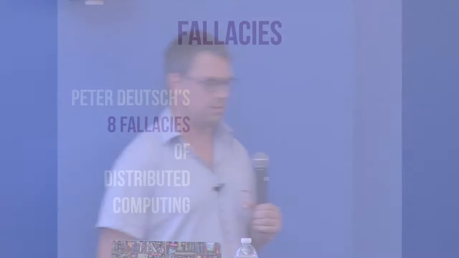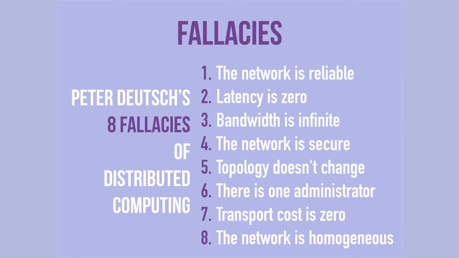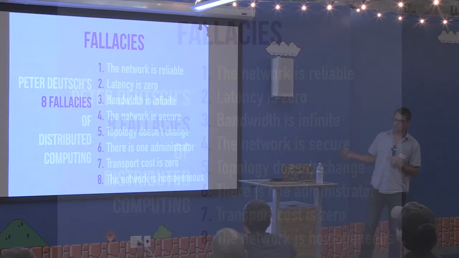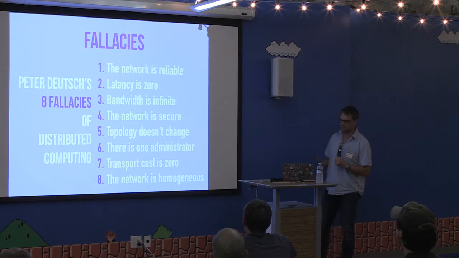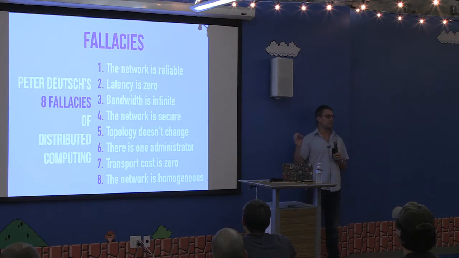And most, I guess, have probably heard about the eight fallacies of distributed computing by Peter Deutsch. The network is reliable is the first fallacy. There's no such thing. Latency is 0, bandwidth is infinite, the network is secure, topology doesn't change, there's one administrator. I mean, human error you should not underestimate, right?